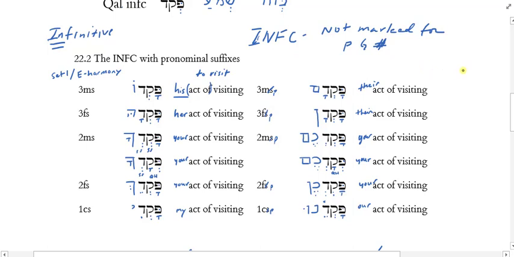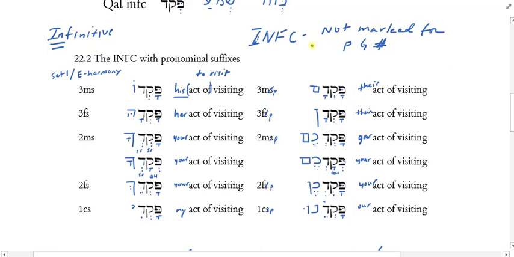Whereas if you go to a qal perfect, there's no such thing as a qal perfect verb that doesn't have person, gender, number. Every qal perfect verb you meet has a person, gender, number assigned to it. You can never just have a qal perfect with no person, gender, number. Someone did that action, and it's either he, she, you, I, they, y'all, or we.